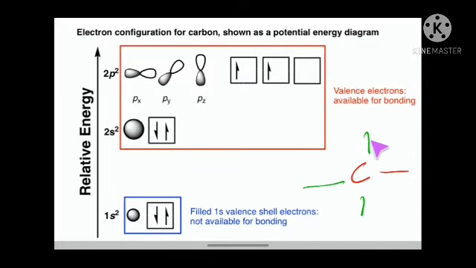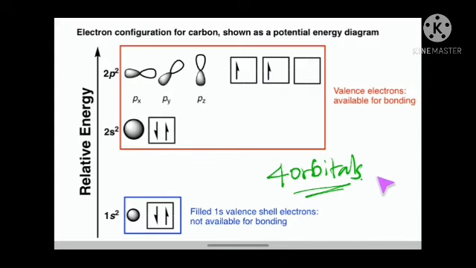In order to make bonds, carbon goes into a hybridization status. In that process, it creates 4 orbitals, so with 4 orbitals it could create 4 bonds. There are some ways to do this.